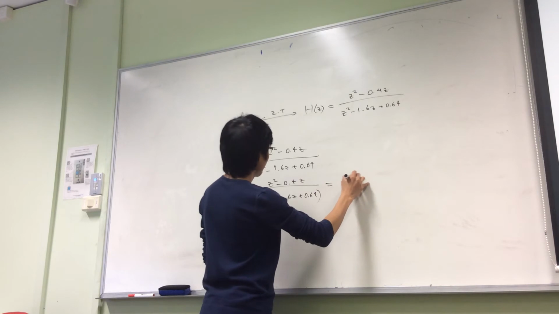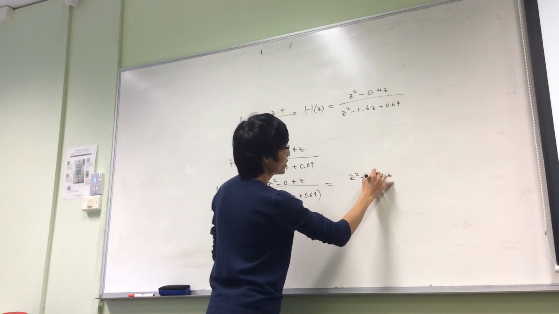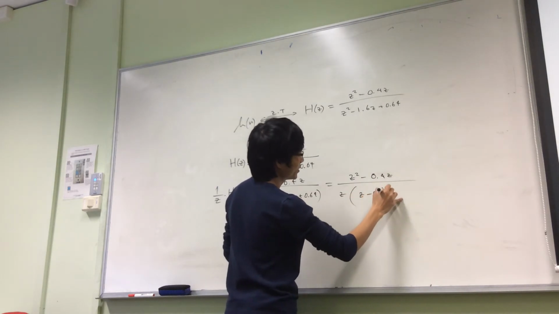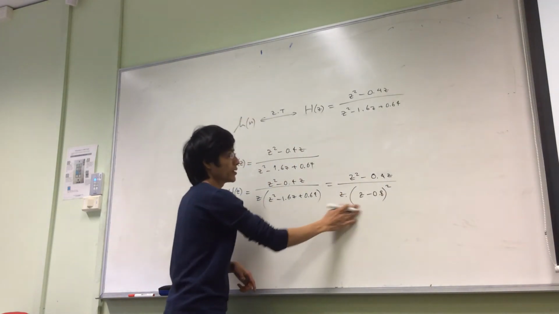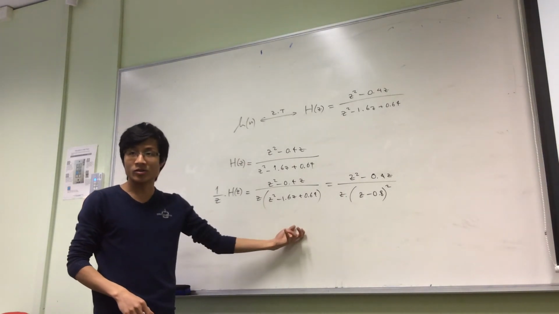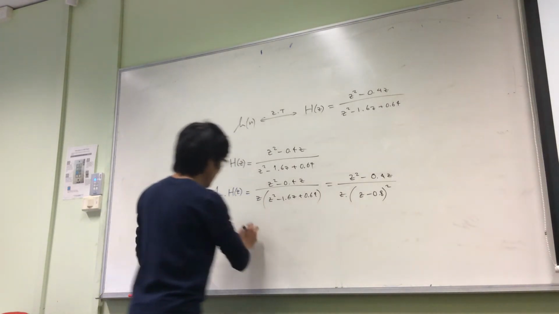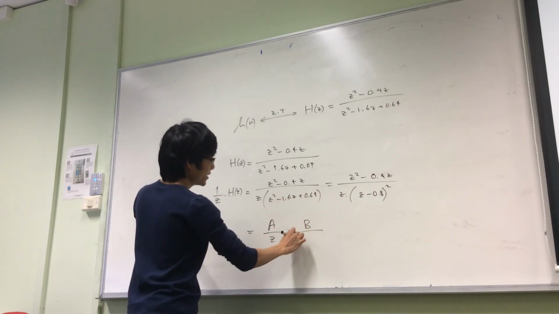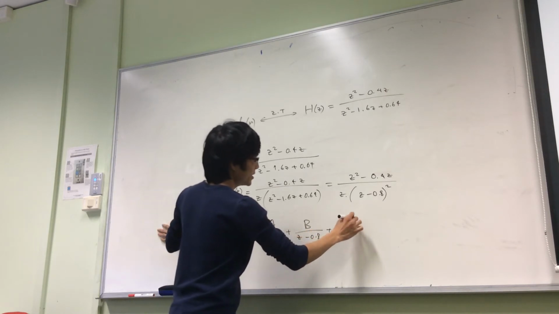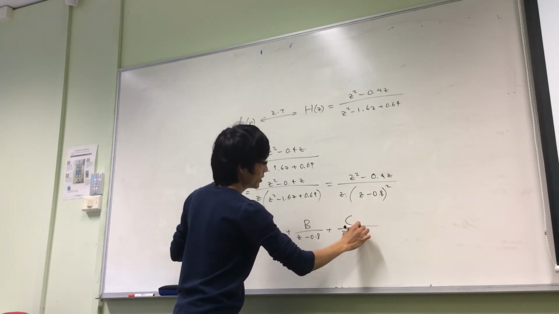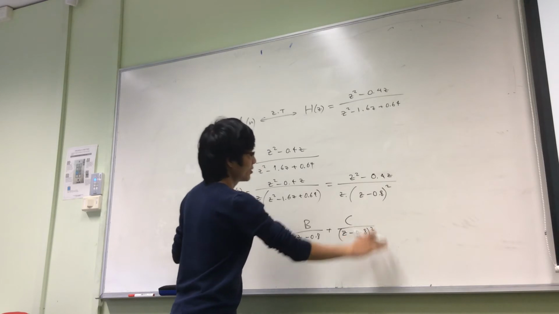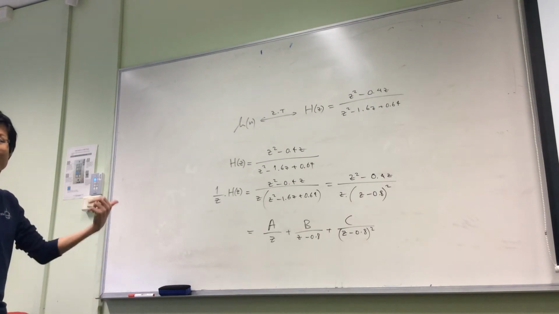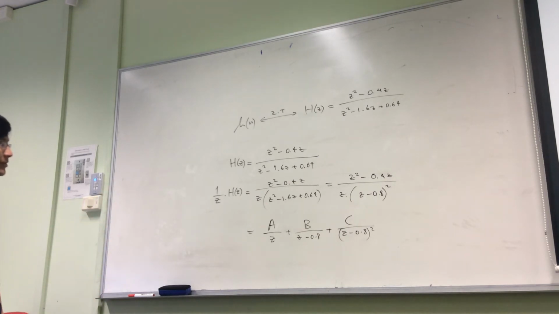Now we find the roots. We have z minus 0.8 squared, and split into fractions: A over z plus B over z minus 0.8 plus C over z minus 0.8 squared.